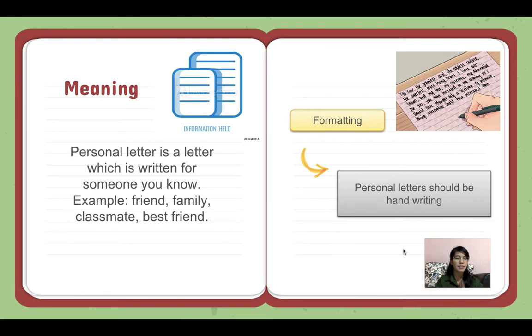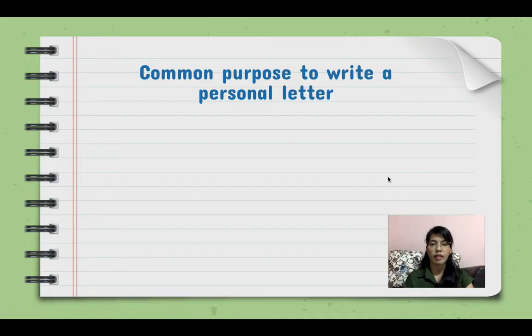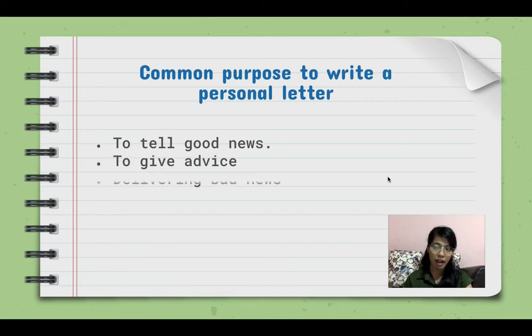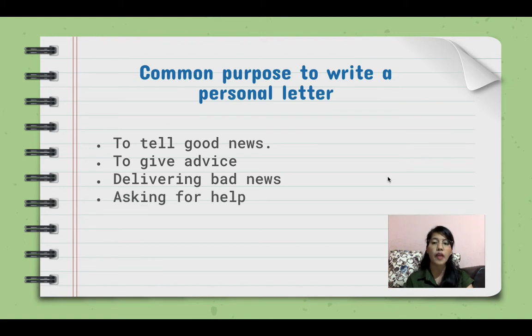No, a personal letter should be handwritten, okay? Common purposes to write a personal letter: to tell good news, to give advice, to deliver bad news, to ask for help, and lastly, to apologize.